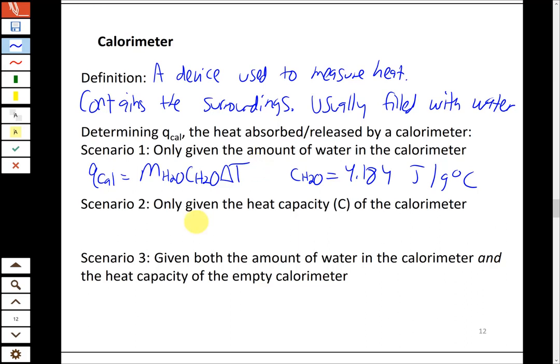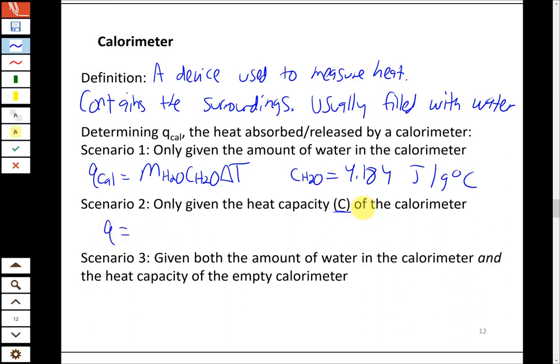The other possibility is that in some cases, all we do is give you the heat capacity, capital C, of the calorimeter. We don't tell you how much water's in there. We just give you a single heat capacity value that includes everything. It includes the water, it includes the materials of the calorimeter. It's just a constant for that calorimeter without specifying how much water there is. And so in this case, it's also just one term.